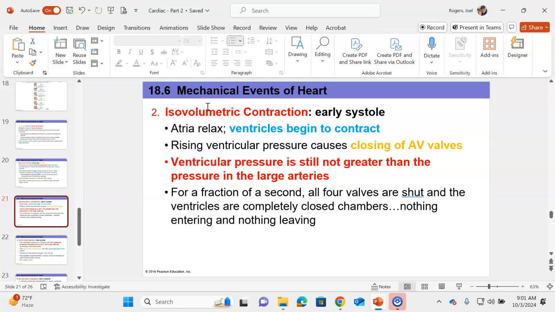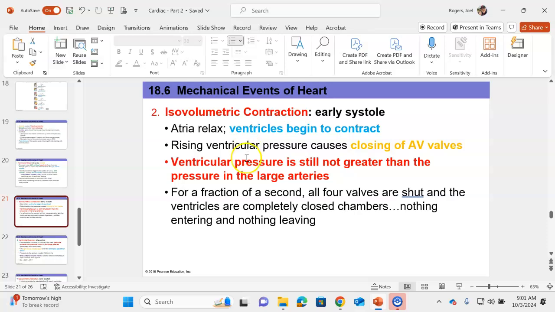So if you think about it physically, nothing is coming into the ventricles and nothing is leaving. So for a split second, we have the same volume in the ventricles while they are in the process of contracting. So isovolumetric contraction. Literally the same volume in the ventricles, it's constant while they are in the process of contracting.